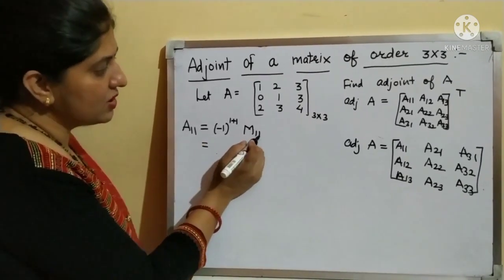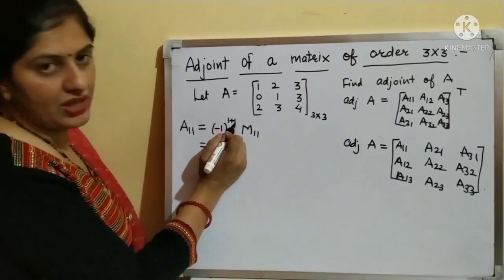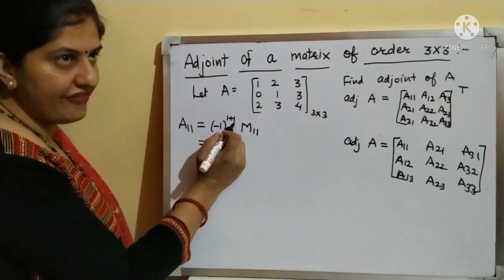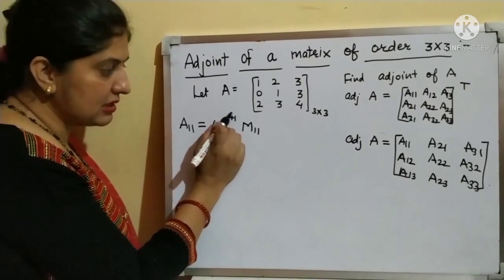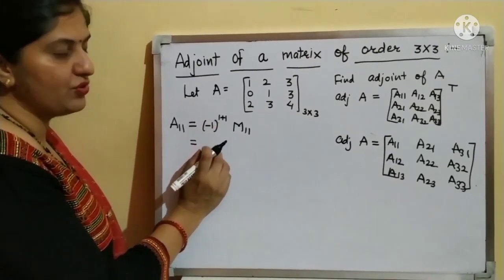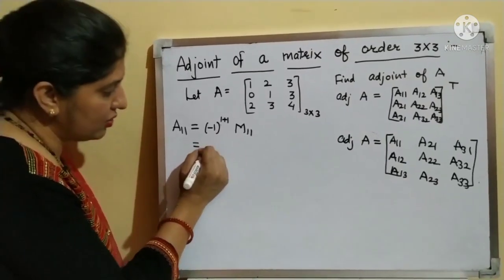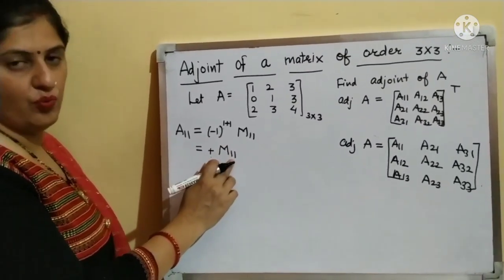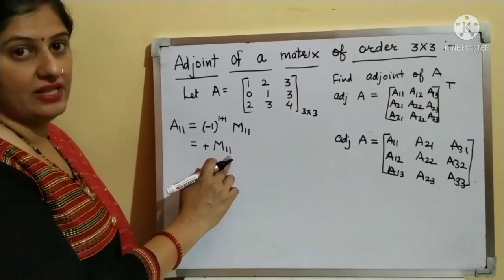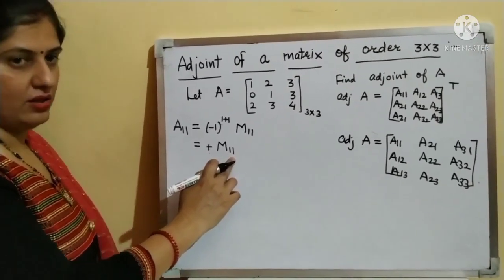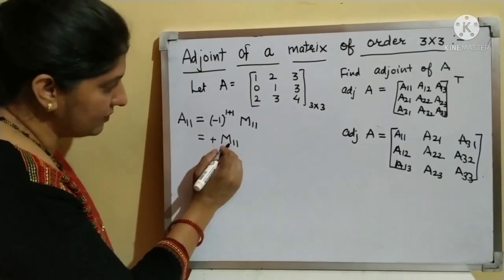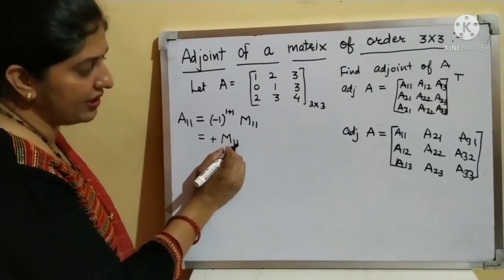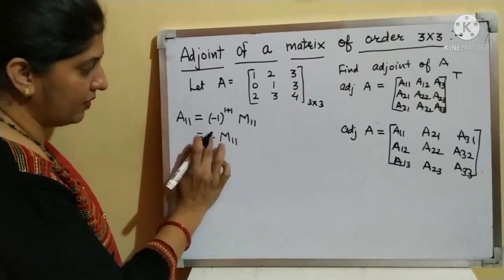Now see here, the sum of the suffixes 1 plus 1 is 2. 2 is even. If the sum is even, then we take a positive sign. So capital A11 is equal to capital M11, the minor of the element in the first row and first column.